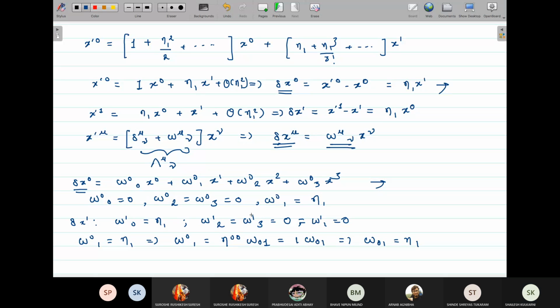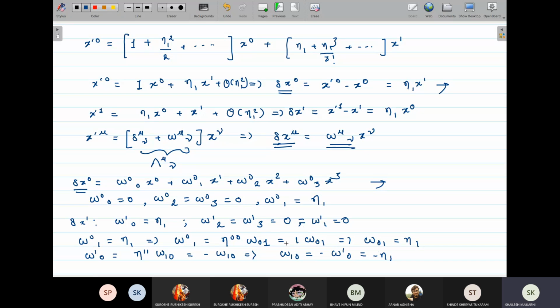Clear? And omega lower 1, 0 is what? Omega lower 1, 0 is eta 1, 1 times omega upper 1, 0. But eta 1, 1 is minus 1, so this equals minus omega upper 1, 0, which will be minus eta 1.